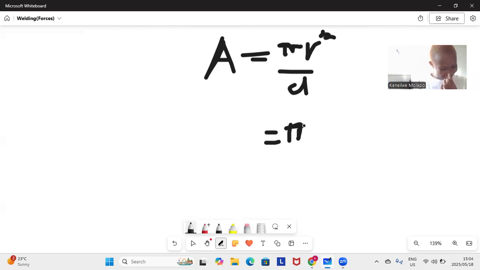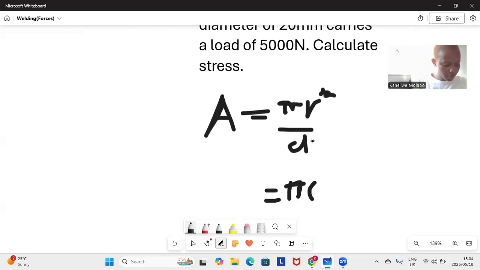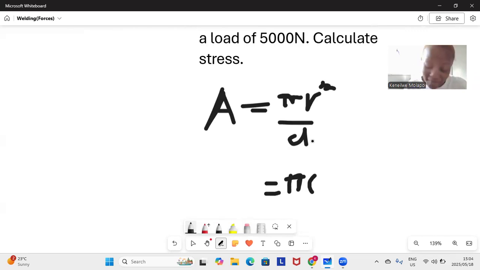Then our r is the distance they gave us, 20. Sorry guys, my mistake. From millimeters to meters, we divide by 1,000. So then 0.02, all squared.